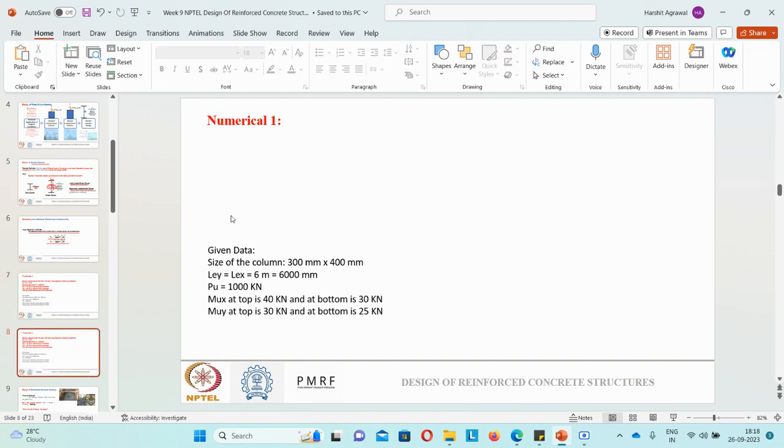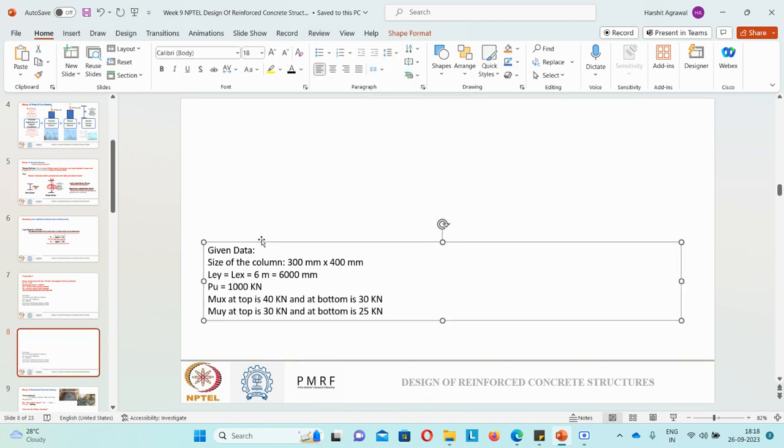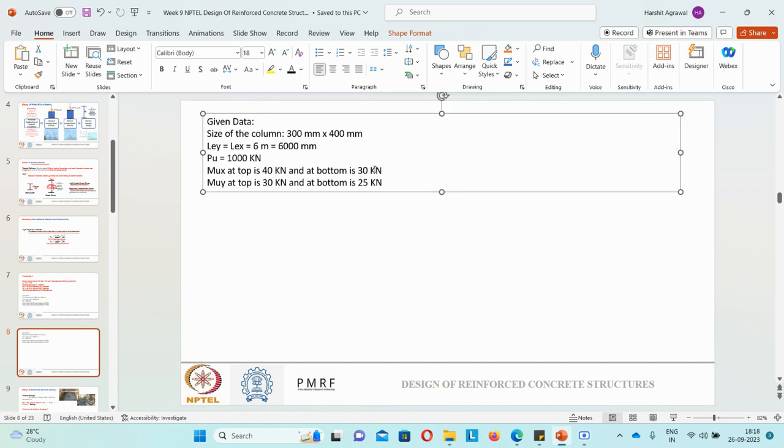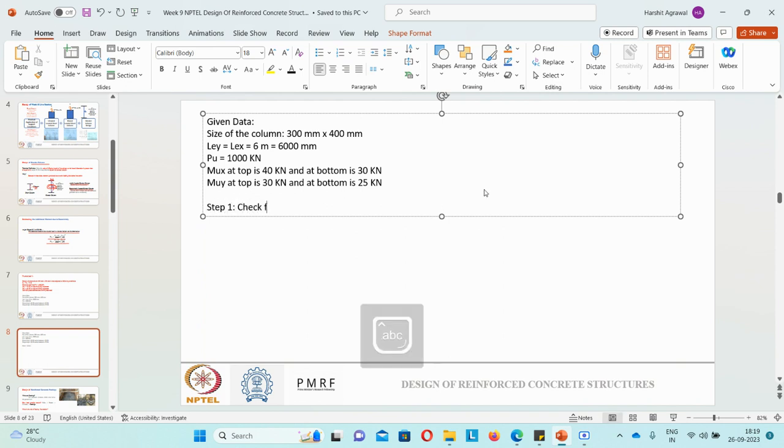Just moving forward. First we need to check. Step one will be check for slender column. Though we know it will be a slender column, it is always a good practice to check once.